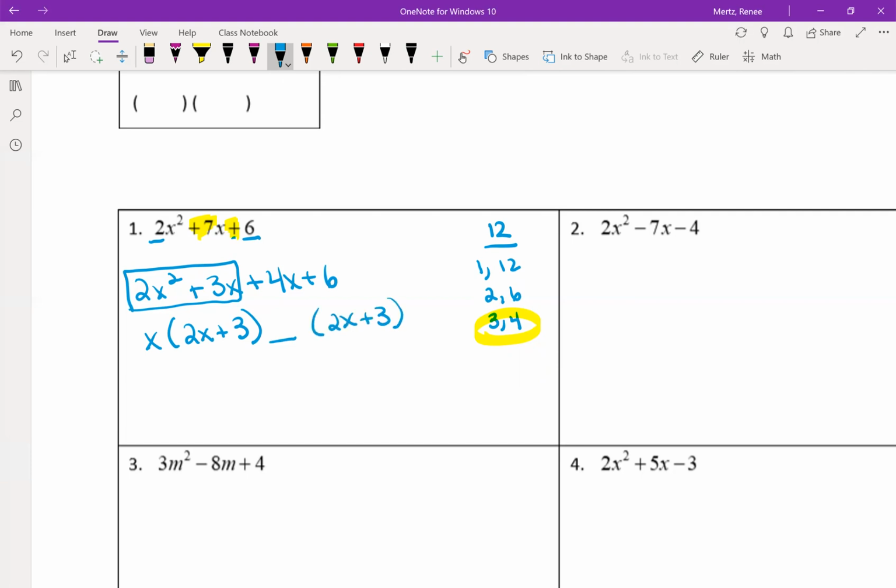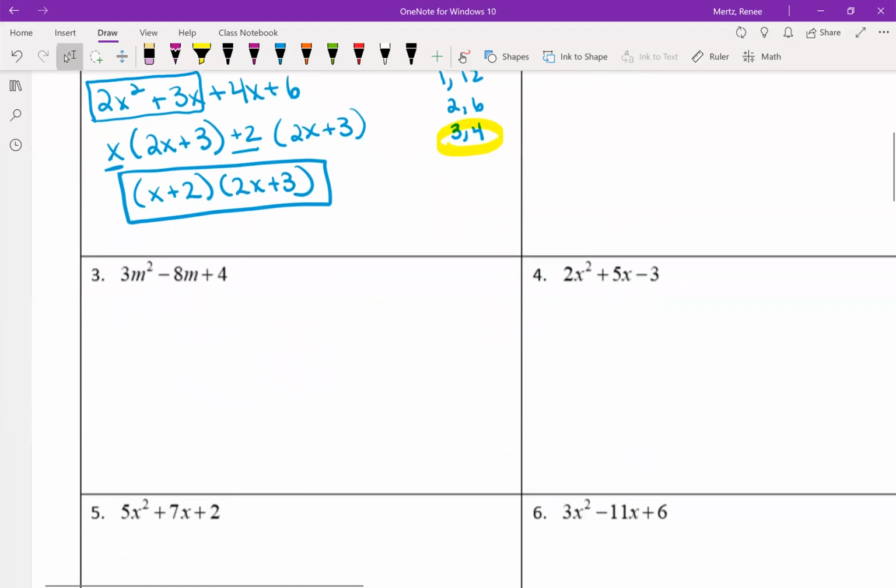What number do I need on the space to make it true? So plus 2. Group the fronts, then group the back. So x plus 2 times 2x plus 3.